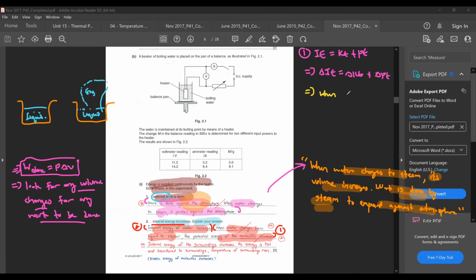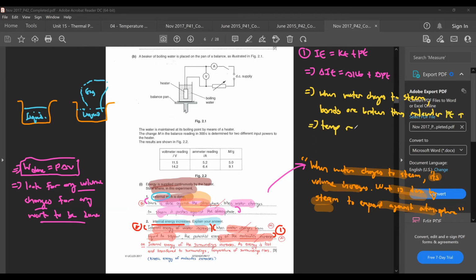When water changes to steam, this one is more like a complete answer now. When water changes to steam, bonds are broken, thus molecular PE increases.